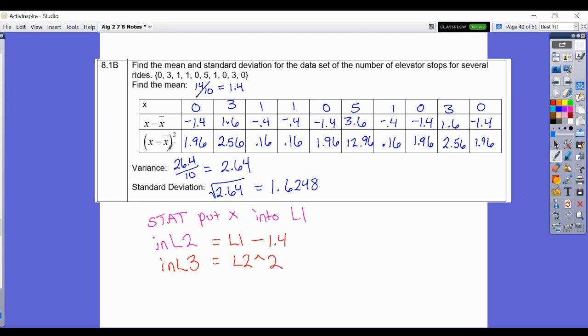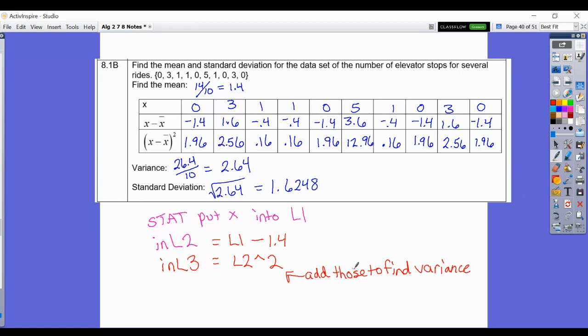Because we want to square it for this. And then we can take all of those and we can add those up. And there is a way to do the mean on your calculator, which I'm going to show you next. But so you can add all those values to find variance. And then you could square root it to find the standard deviation.